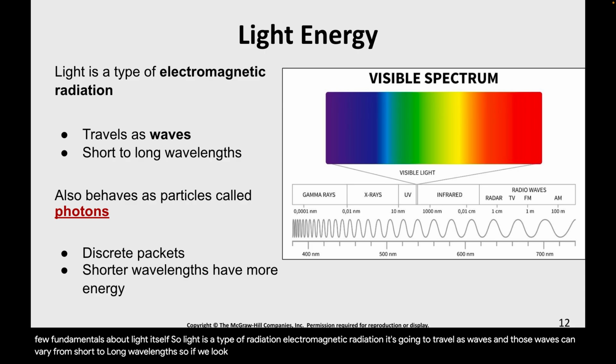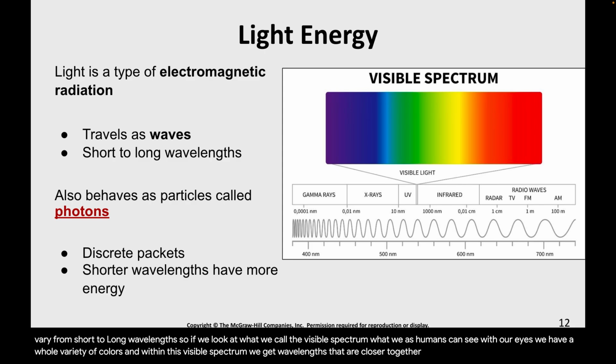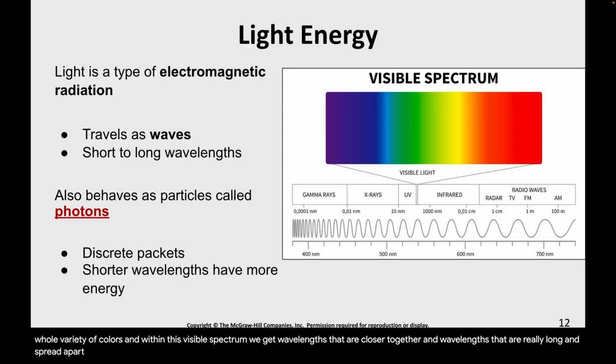If we look at the visible spectrum, what we as humans can see with our eyes, we have a whole variety of colors. Within this visible spectrum, we get wavelengths that are closer together and then wavelengths that are really long and spread apart. So they're traveling as waves, and those wavelengths can vary.